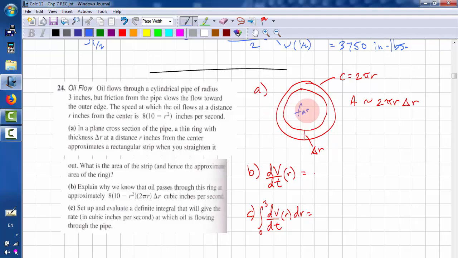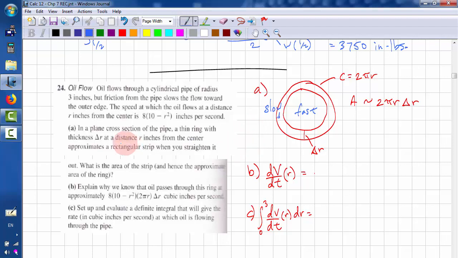So we have fast flowing and slow flowing at the edge. And this happens in other situations, such as water flowing along a river. You'll see that the water moves slowly at the edges and it moves faster in the middle, although this is going to be a different formula.